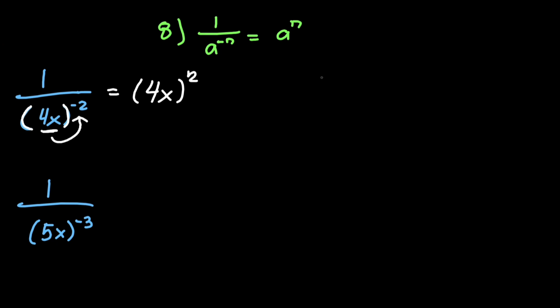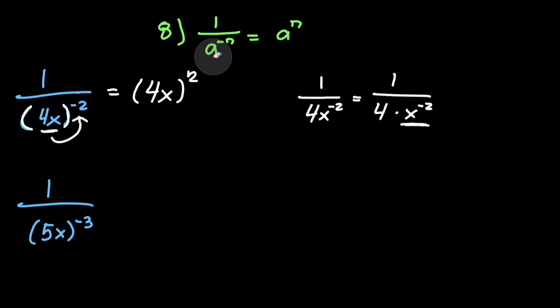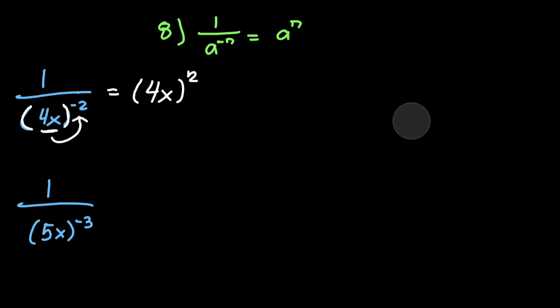It is different from 1 over 4x raised to the power of 2 because this only means that the x was raised to the power of negative 2. So I hope you can understand the difference of that. And now, for this last example, it would be 1 over 5x all raised to the power of negative 3. The answer here would be 5x raised to the power of 3.